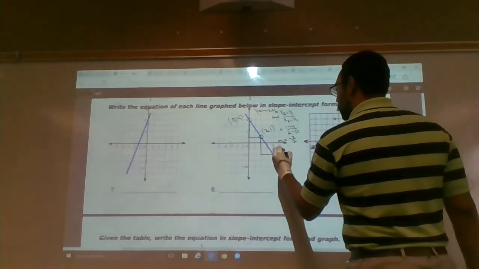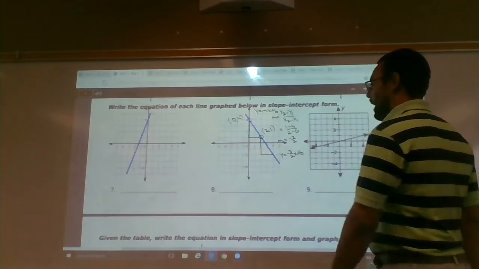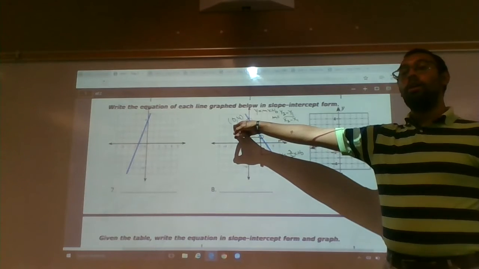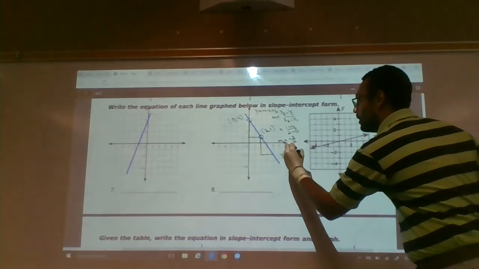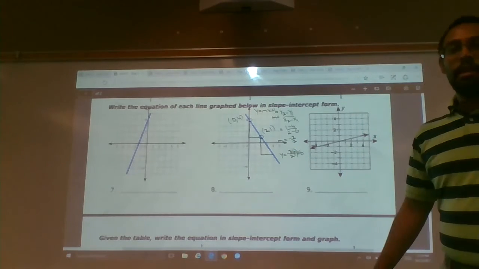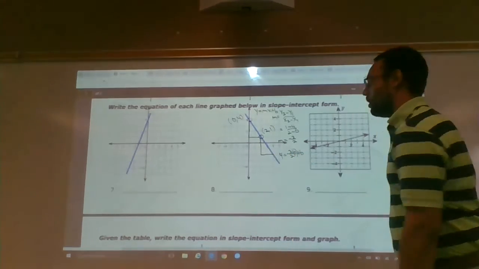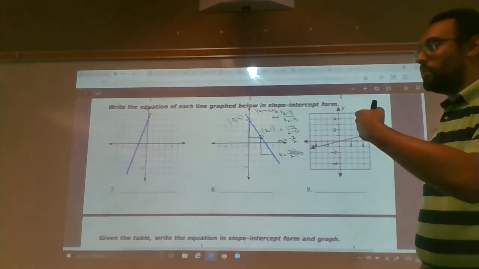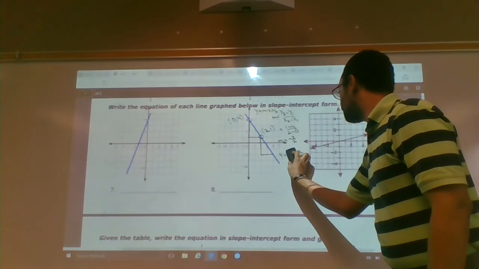Now, you have the slope, but you don't have the y-intercept. How are you going to get the y-intercept? You pick either (0, 4) or (2, 1), and you plug it in. I'm going to pick (0, 4) because I'm replacing x with 0, which means I will replace y with 4. -3/2 times 0 is 0, so this whole thing is gone.